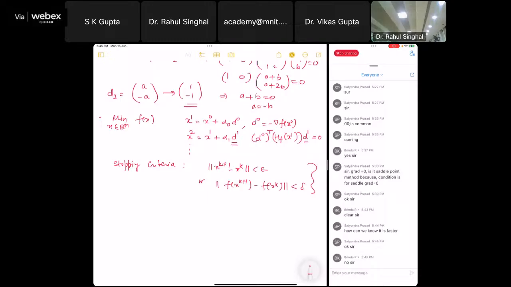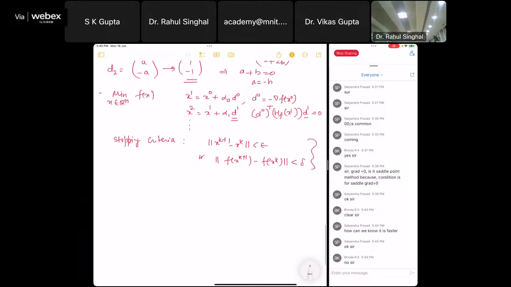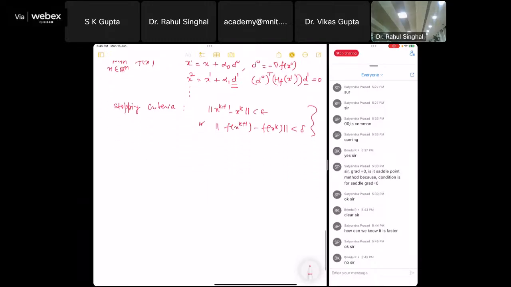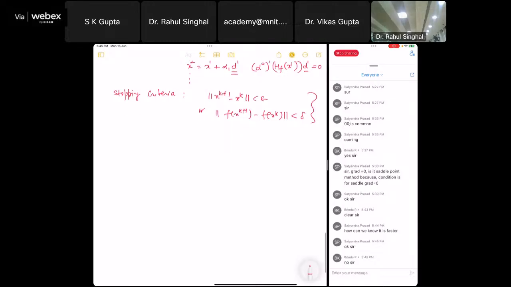Now, what are direct search methods? Let me just give an idea. They are applicable to unimodal minimum functions. So what are unimodal minimum functions?